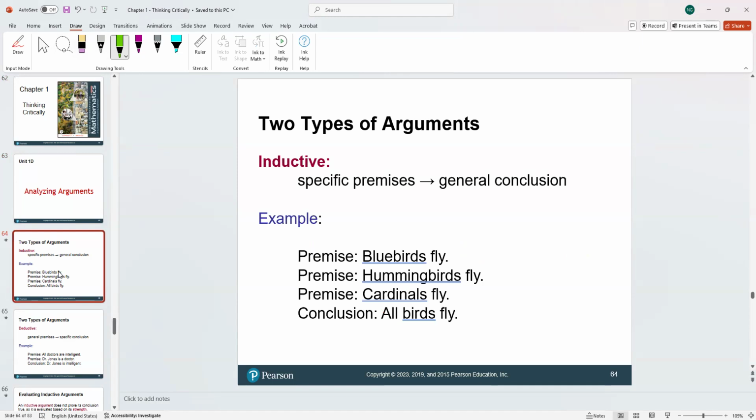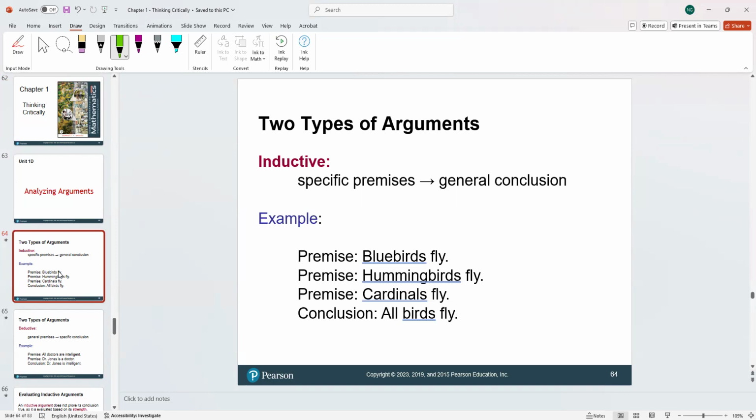But we're going to use some definitions, because we said an inductive argument makes a case for a general conclusion from more specific premises. You see the examples right there.